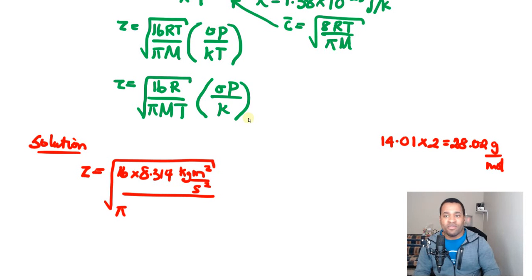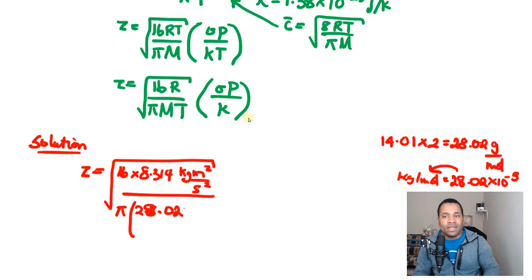Therefore, we are going to re-express this in kilograms per mole, which is equal to 28.02 times 10 to the negative 3 kilograms per mole.